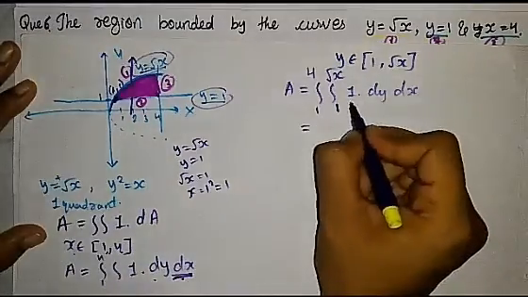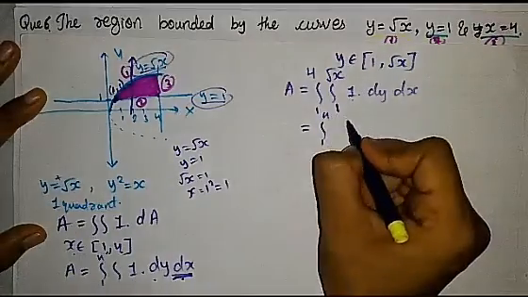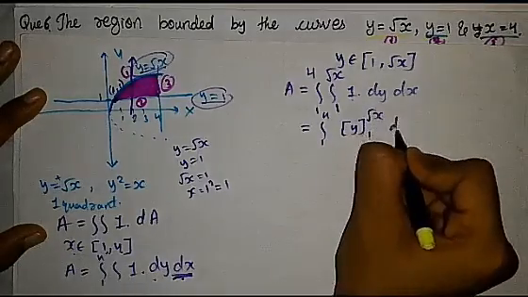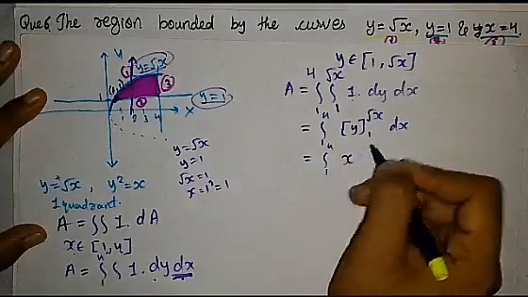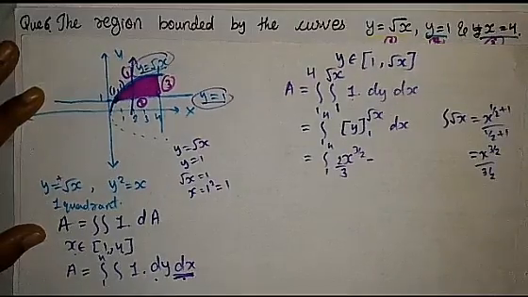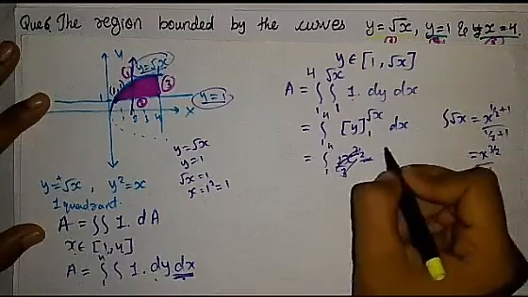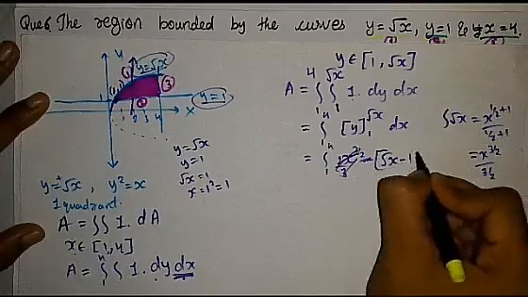Now we have to integrate 1 with respect to dy. So integration of 1 is y, its limit are 1 to root x, into dx. Now put the limit, we get root x minus 1 into dx.